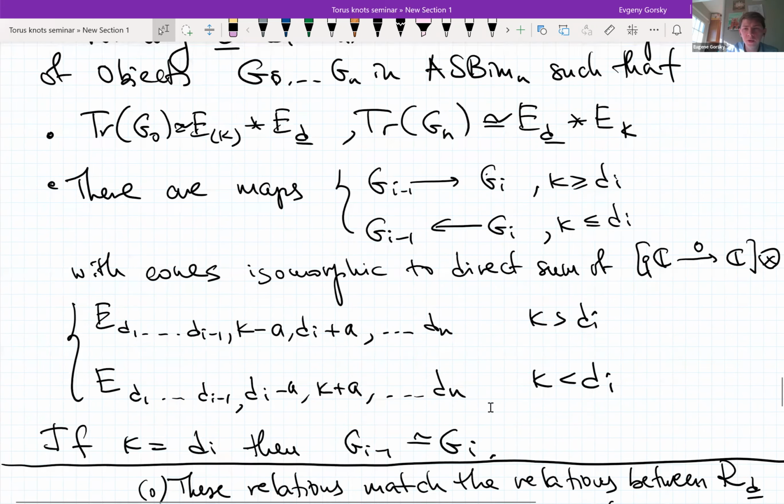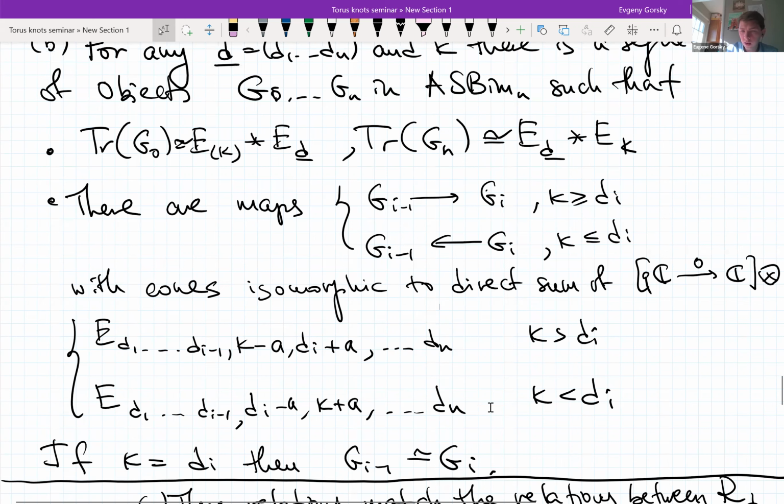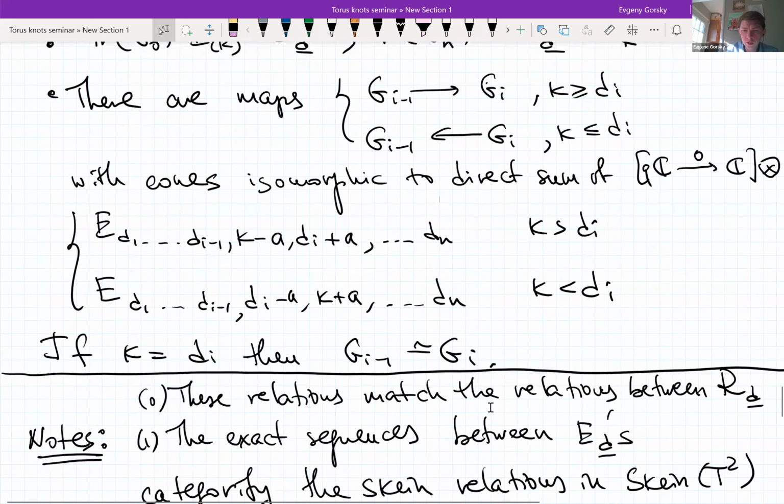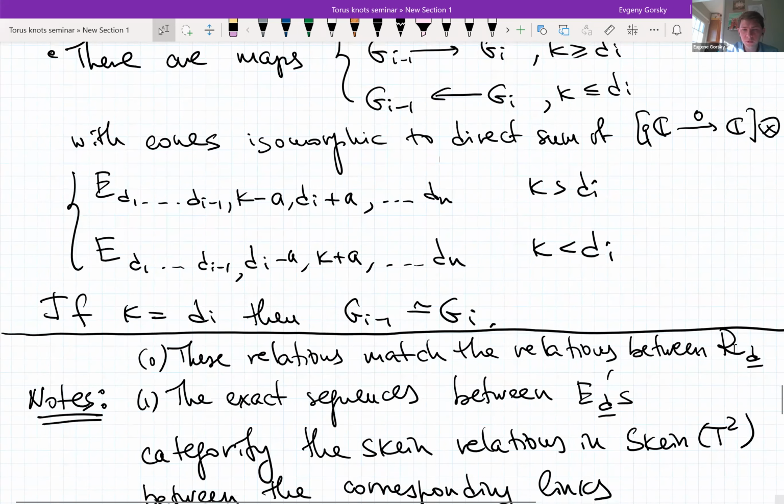So there are complicated relations. And if you remember the relation between R_D's in the shuffle algebras, they match exactly. So you just replace each exact sequence here, or each cone, by just 1 minus q times something. And so these are exactly mimicking this relation between R_D's on the level of K theory.